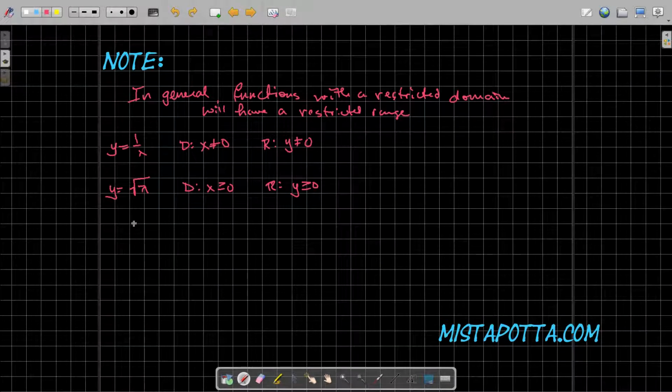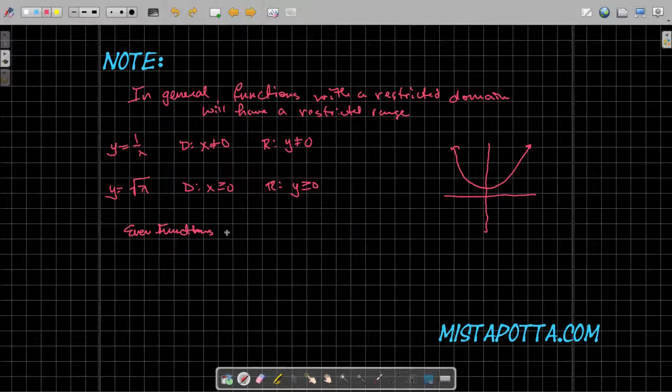And then we also have this idea of odd functions and even functions. Keep in mind that even functions, remember, even functions tend to have that y-axis symmetry. And if we have y-axis symmetry, then we're very rarely going to extend from negative infinity to positive infinity on the y-axis.